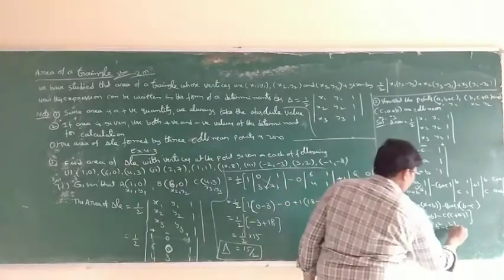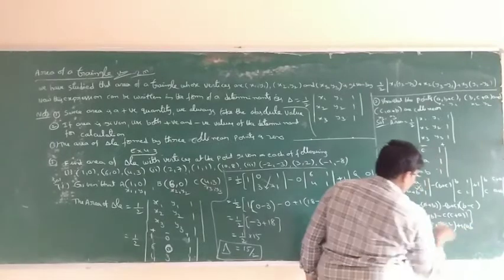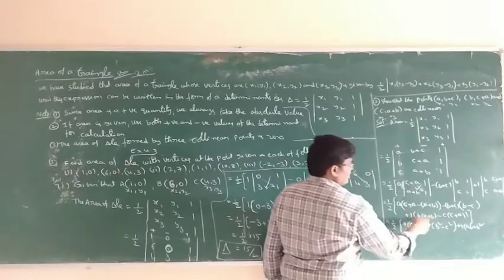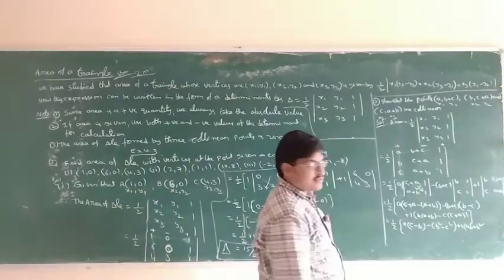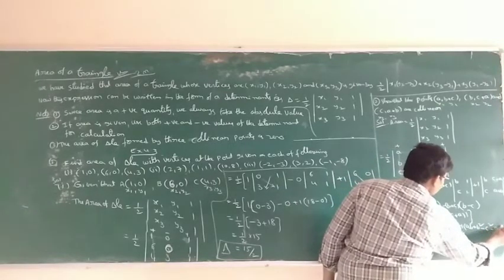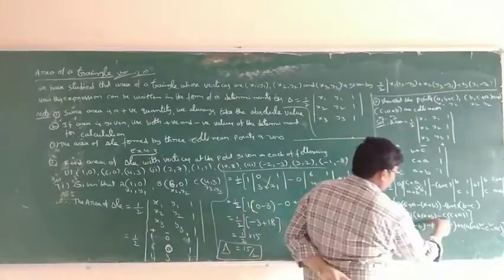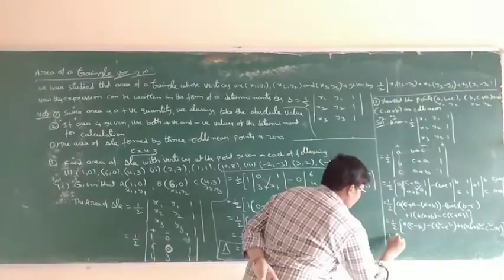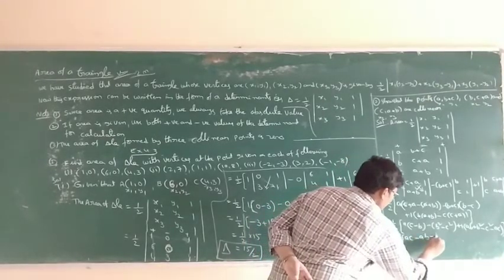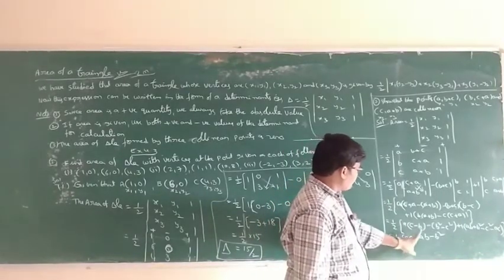Next plus 1 into multiply, B into A plus B, B into A plus B square, B into B square plus B square. Next C into C minus C square minus AC. C square minus AC. So that is equal to 1 by 2 into AC minus AB minus B square, A into C, AC minus AB.